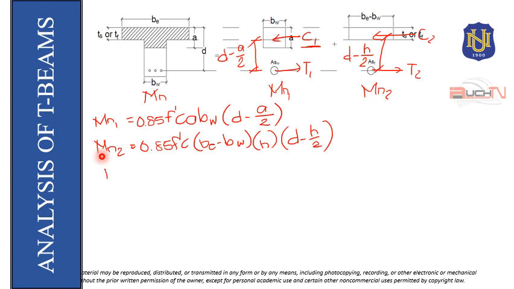So, to get the nominal moment capacity of the beam, i-add lang natin yung dalawang nominal moment capacities of the two diagrams. So, then to get the ultimate moment capacity, we will just get phi Mn. So, that will be for the second method to be used for the analysis of T-beams.